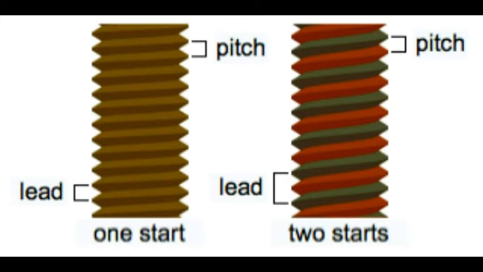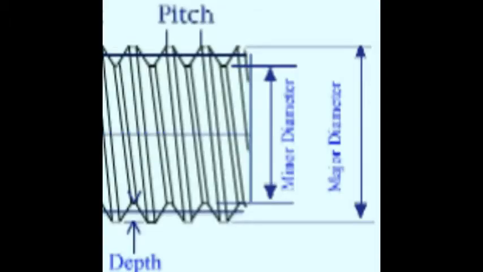Next one is depth of thread. It is the distance between the crest and root of the thread measured perpendicular to the axis of the thread, and it can also be defined as a distance measured radially between the major and minor diameters.